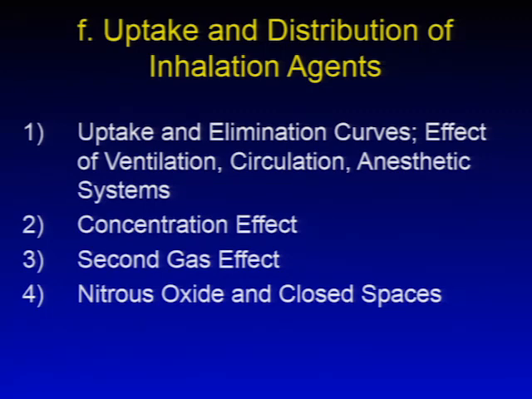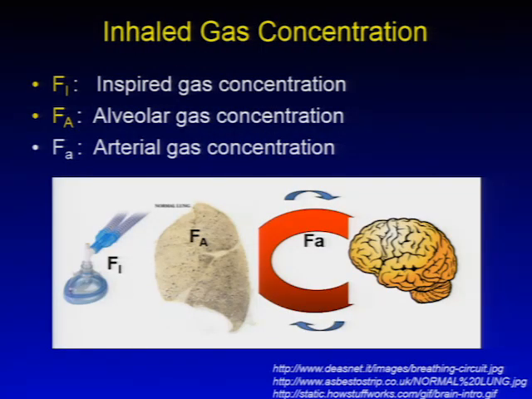So I'm going to talk about uptake and distribution of the inhalation agents. First, three definitions. Fi stands for inspired gas concentration, and FA stands for alveolar gas concentration. And Fa, with a small a, represents arterial gas concentration.